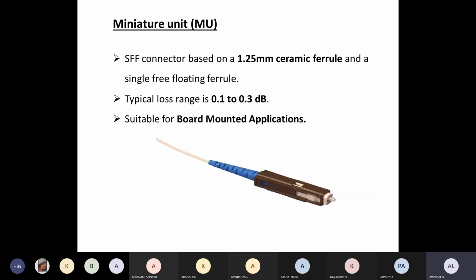Next is the miniature unit. Its feature is an SFF connector based on a 1.25 millimeter ceramic ferrule and a single free floating ferrule.